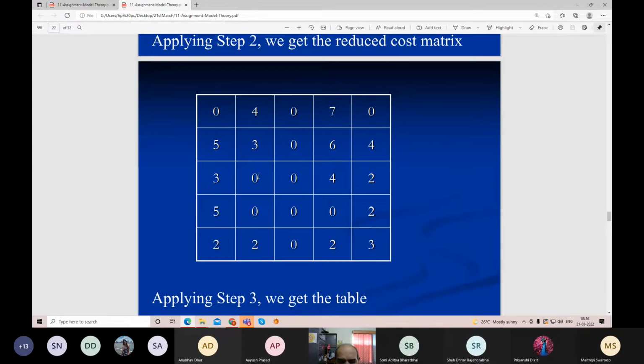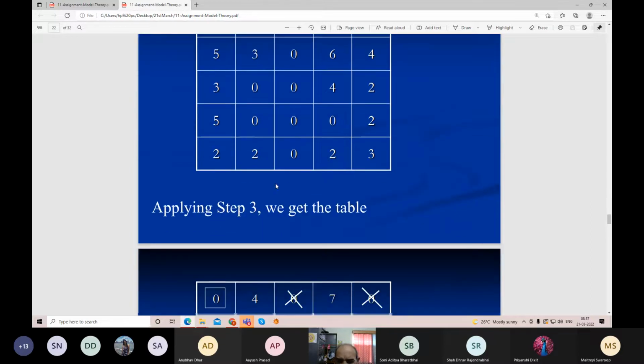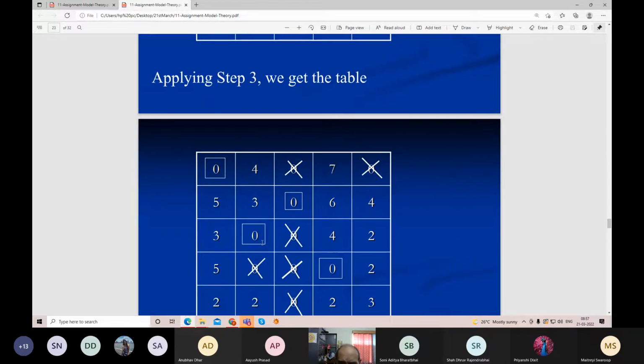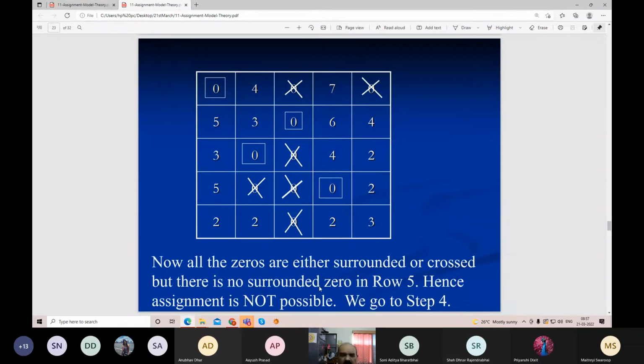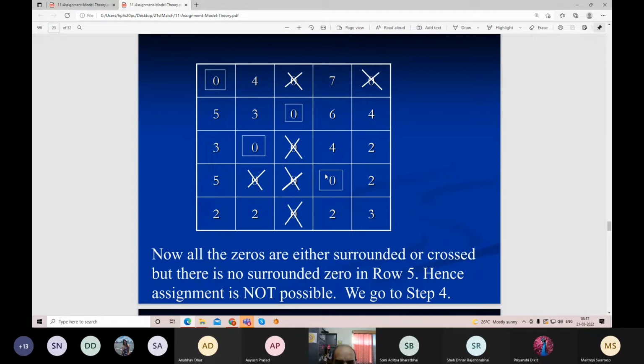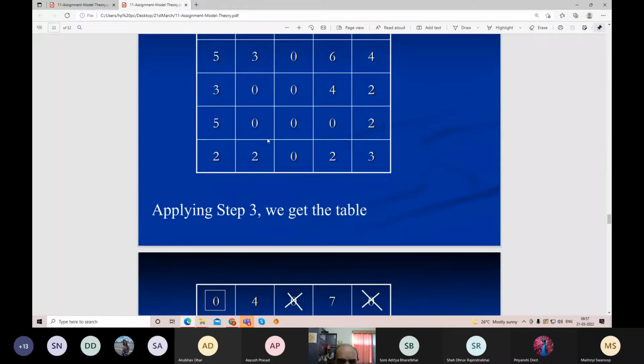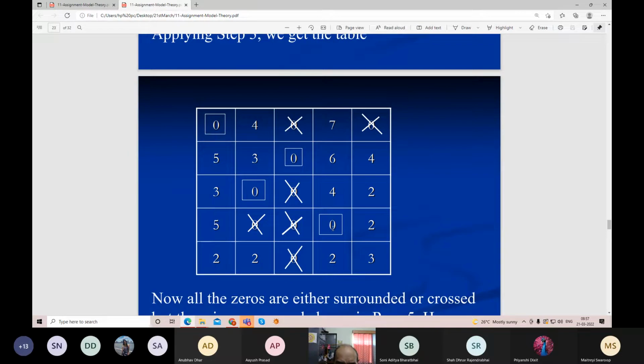Third row, there is only 1 0 after that. So we assign to the third row and we cross all the 0s in the same column. Then in the fourth row, there is only 1 0. We assign to that, and we complete.